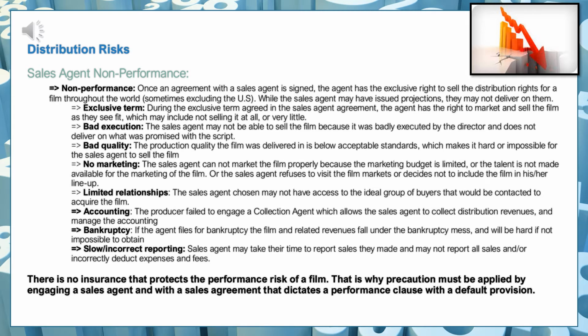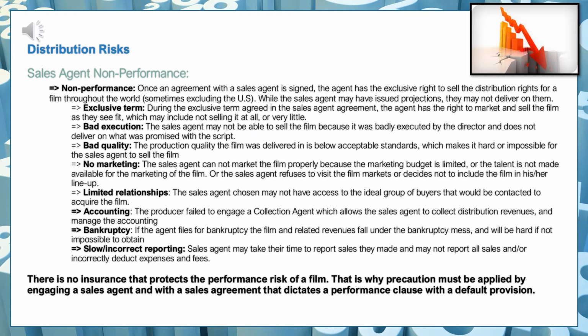Some sales agents, especially newer sales agents, when they are eager to get a project for their company's lineup, might be overstating the relationships that they have with buyers. I actually had one situation where I trusted a newer sales agent with a project because I wanted to support their company, and that person came from a larger sales agency that they had worked for before.